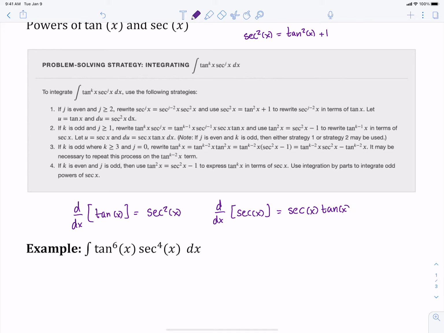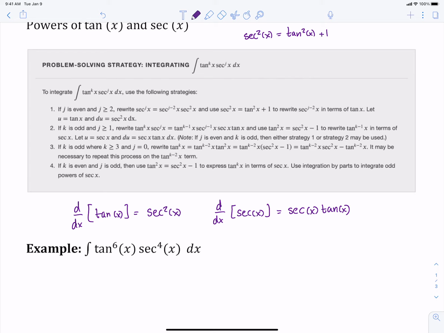Just tangent or just secant, not to a power or anything. So we want to have this strategy where we're leaving or pulling aside in our integral either a secant squared or a secant times a tangent. So that's the idea of what we're looking for.